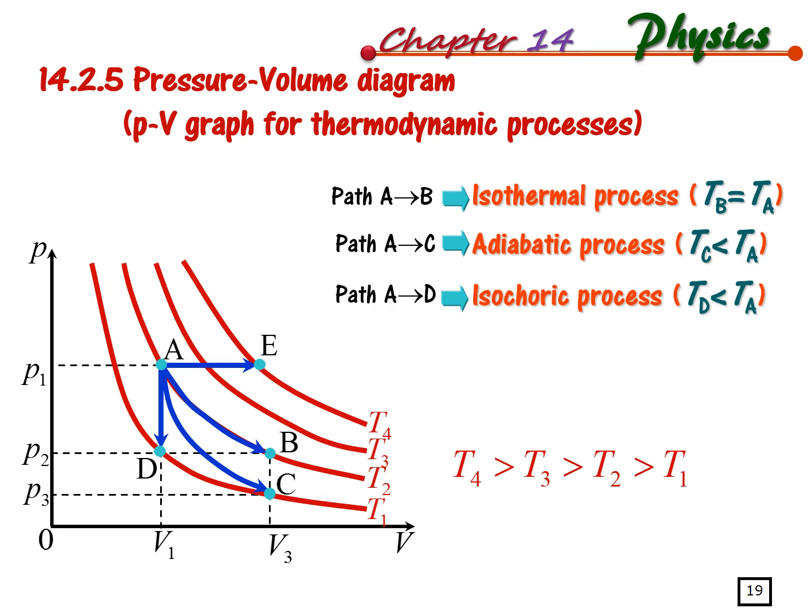And the last one is from A to E. State A to E we call the isobaric process, because along the process A to E there is no change in pressure. And this is isobaric expansion. So that is about the PV graph, also called the pressure volume diagram or PV diagram, to represent thermodynamic processes.